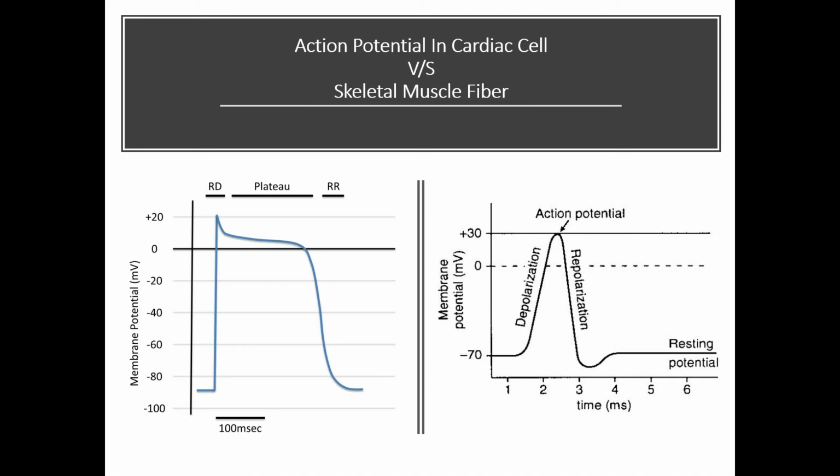Sorry, I made some mistake at this level: after it reaches plus 20, the initial repolarization phase is at this point I think plus 10 millivolt, and then there is the continuous movement of potassium outside and continuous movement of calcium inside the cell in the plateau phase, and then at the zero it starts the repolarization, that is movement of potassium from inside to outside.